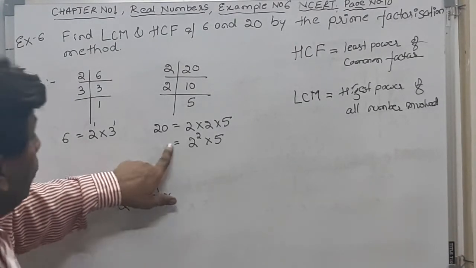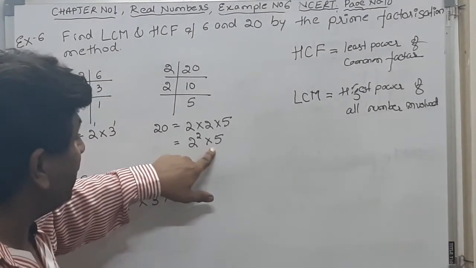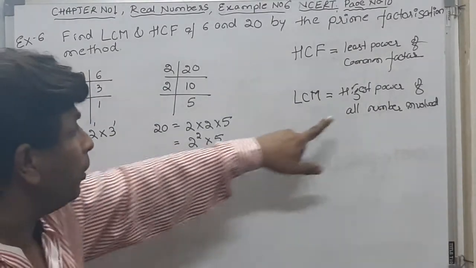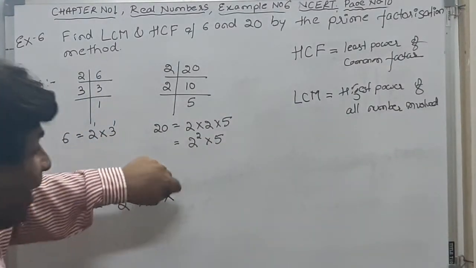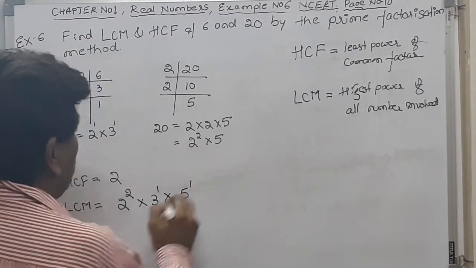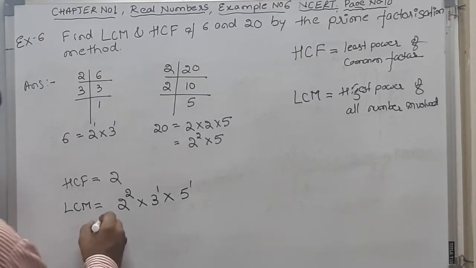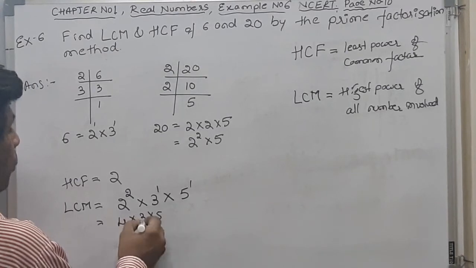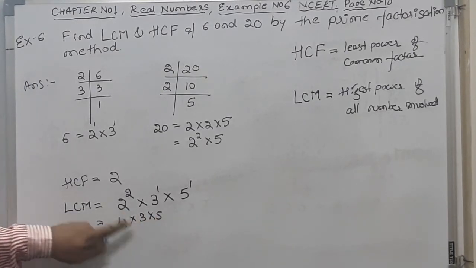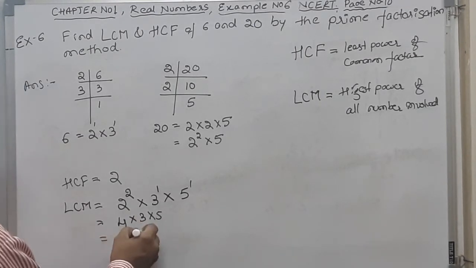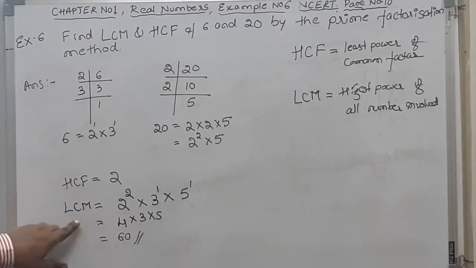The highest power of 5 is 1, so 5 raised to 1. What will be the LCM? 4 into 3 into 5. 4 threes are 12, 12 fives are 60. So 60 is the LCM of 6 and 20.